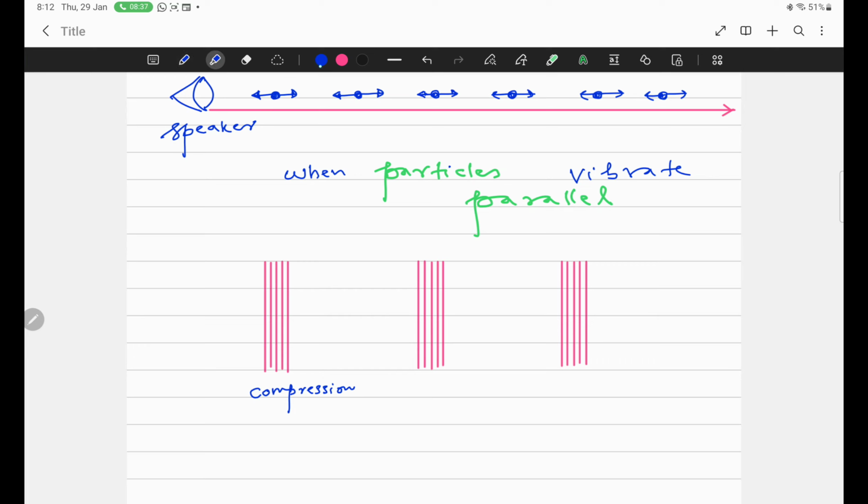Between compressions, I am drawing lines at a large distance, and it shows, sir, it is rarefaction.